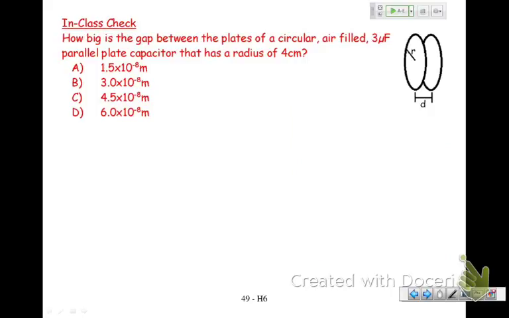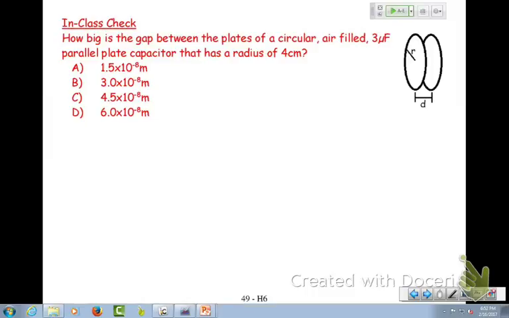Okay. How big is the gap between the plates of a circular air-filled 3 microfarad parallel plate capacitor that has a radius of 4 centimeters? Can you do that one for me, please? I guess I've got to tell you what epsilon naught is.